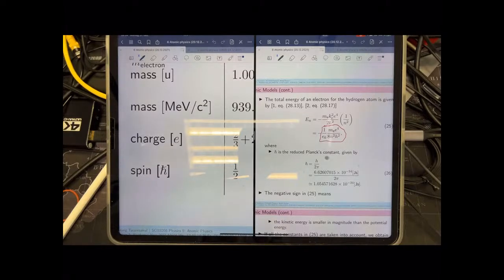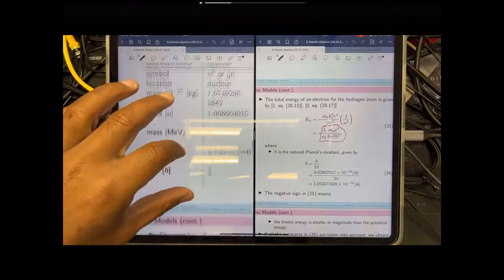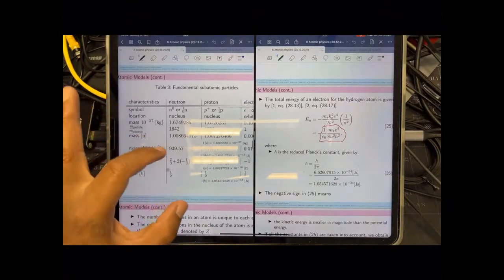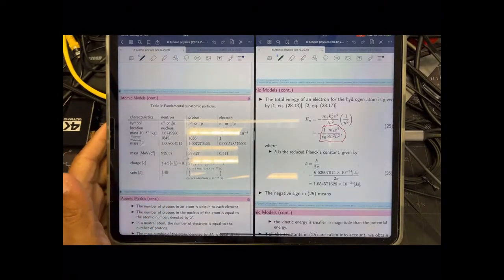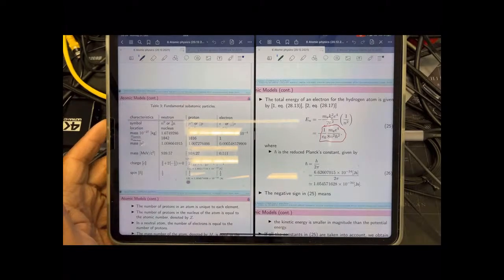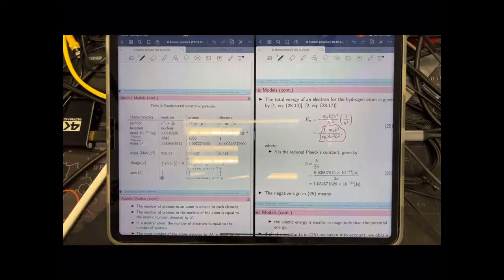So h-bar is the reduced Planck constant, and that's the unit of the spin number. Once we say the spin number is 1/2, it means you multiply it by 1.05 times 10 to the negative 34 joule second, and that's the total value of the spin number.